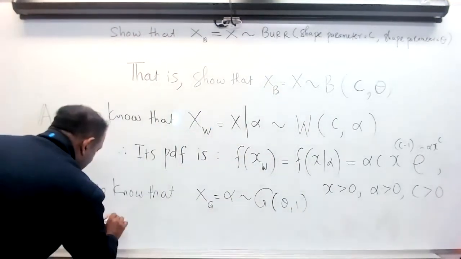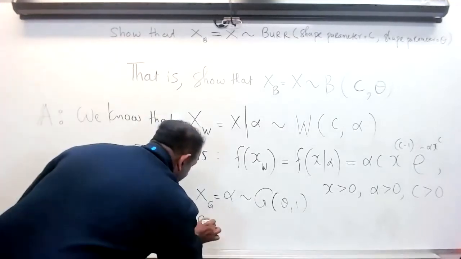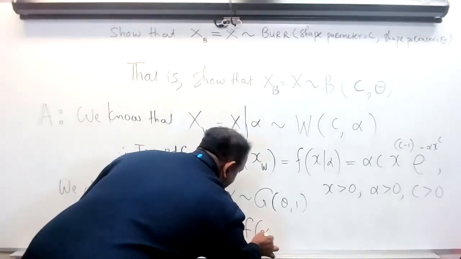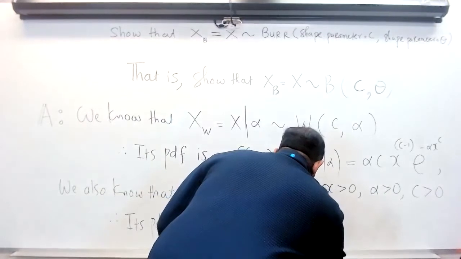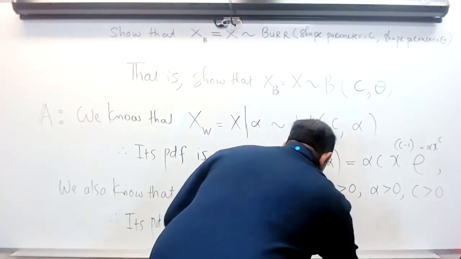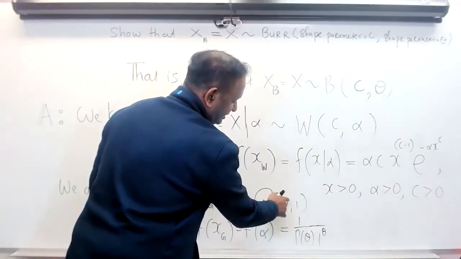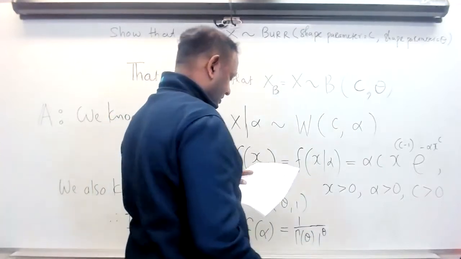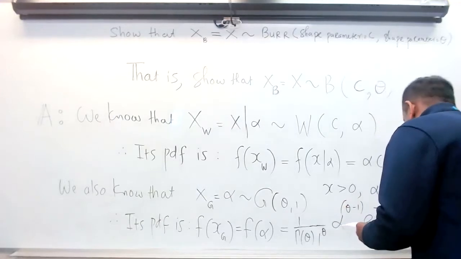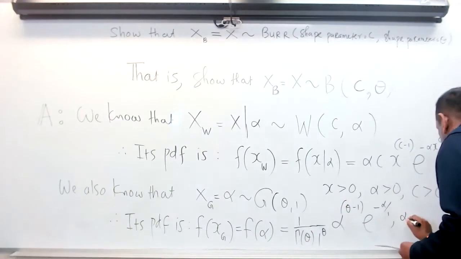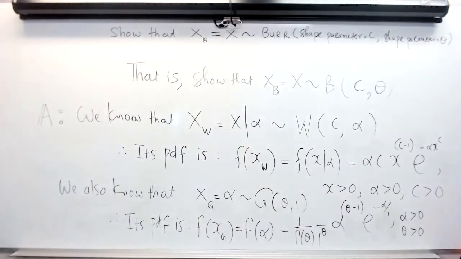Therefore, its PDF, f of XG, or f of alpha, is nothing but 1 over gamma of theta times 1 to the power of theta, times alpha to the theta minus 1 e to the minus alpha over 1, where alpha is positive and theta positive. Okay, you got the point.